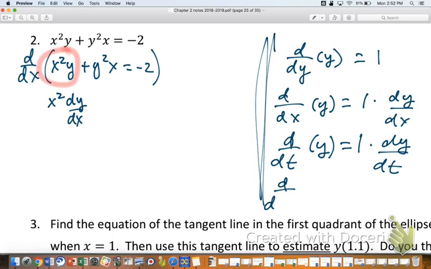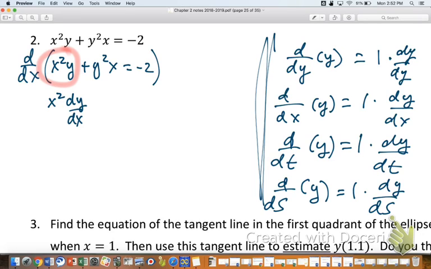If I said d ds for Santi of y, that would equal 1 times dy ds. Do you see the pattern? Yeah. So technically, this would be dy dy. And what's dy dy? 1. They cancel out.